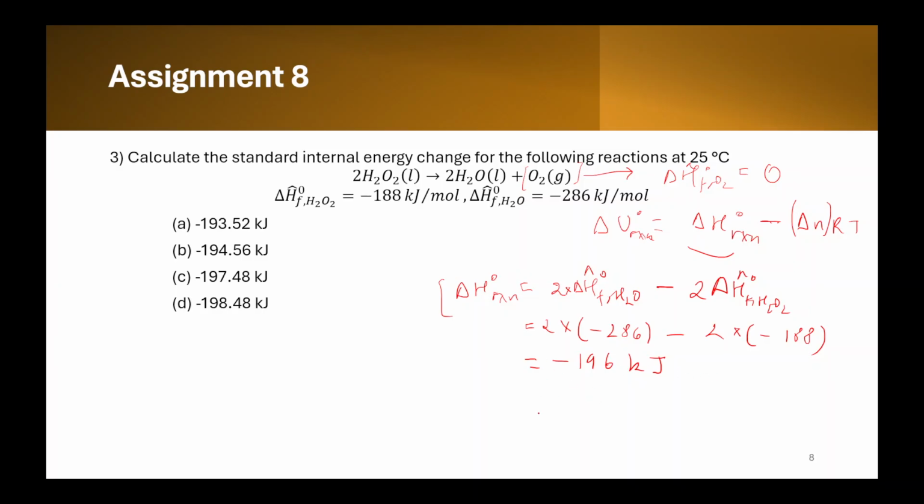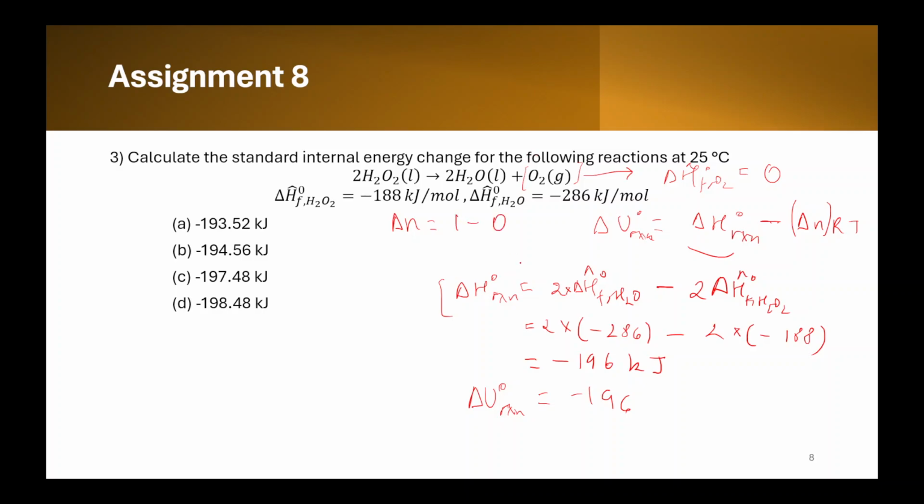So what will the standard internal energy be? Minus 196 and delta n. Delta n is the change in the moles of gaseous components only. So here there is no gas on the reactant side, and there is 1 mole on the product side.